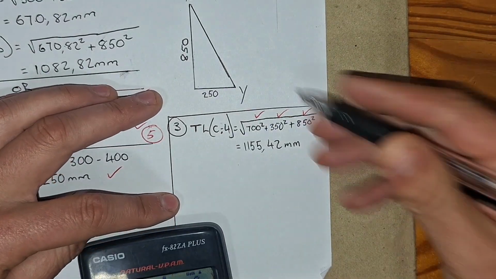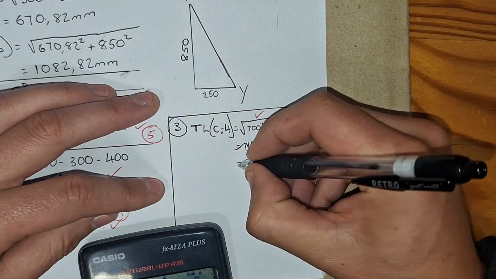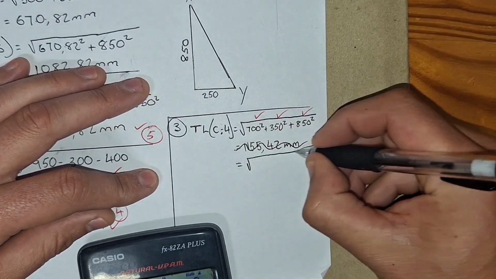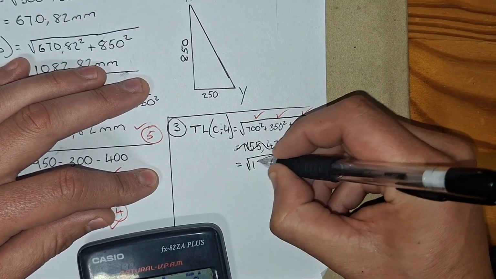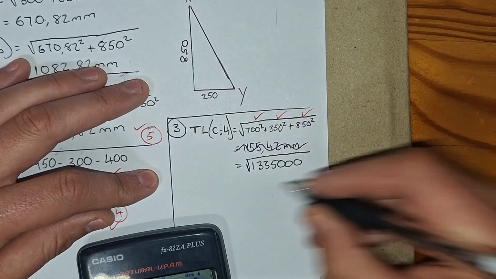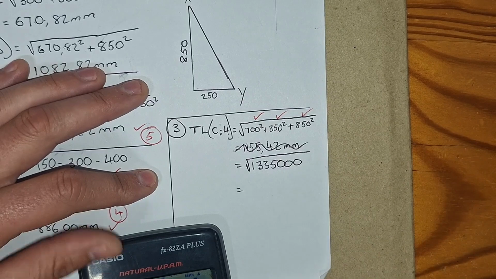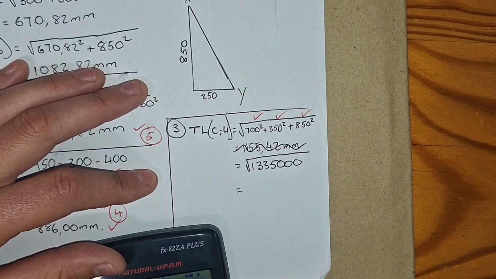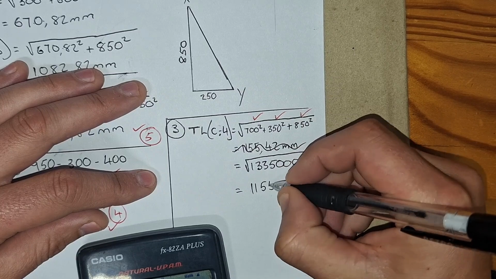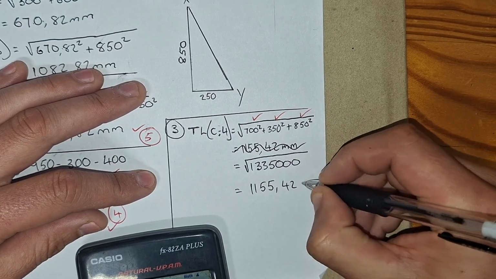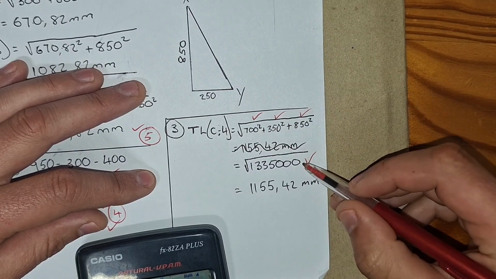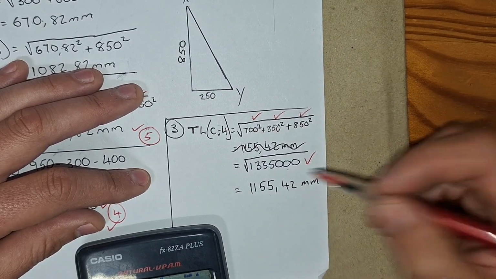So let's just show you exactly where that mark is given. It is equal to the square root of 1335000, which equals 1155.42 millimeters.